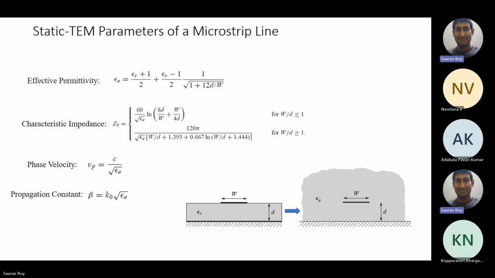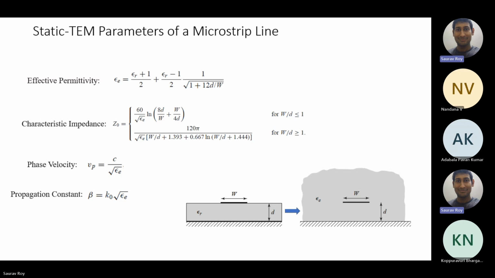That is a very important parameter of the microstrip line, and that is how all the analysis is done for microstrip circuits. The formulas are all given, and the characteristic impedance for this transmission line is given. Same for phase velocity and propagation constant.